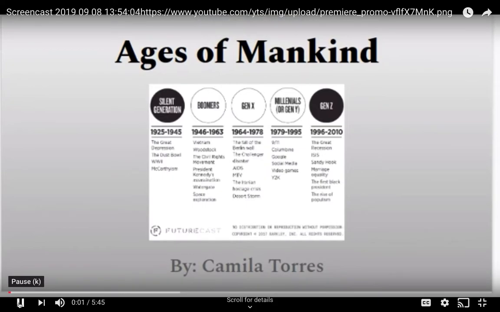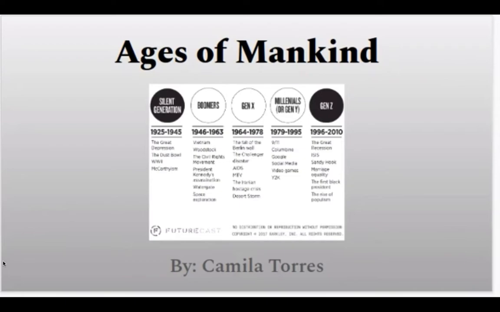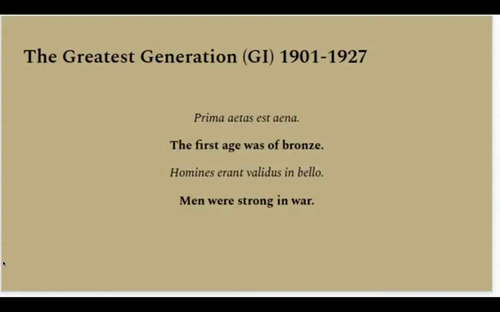Hello, my name is Camilla, and I will be presenting the ages of American mankind. For this presentation, I decided to look at generations instead of different events or eras, because generations are, by definition, a group of people who think alike and have the same unique ideas to their generations, which I think is very similar to The Original Ages of Man by Bonnie A. Cato. I'm sorry if I stuttered on that one. Prima aetas est aena, homines erant validas in bello.